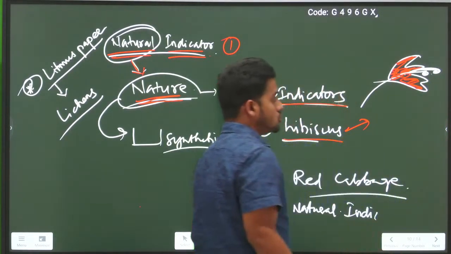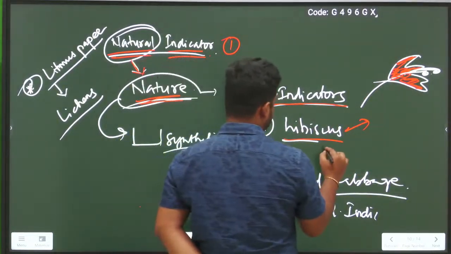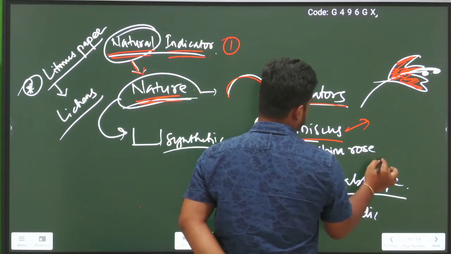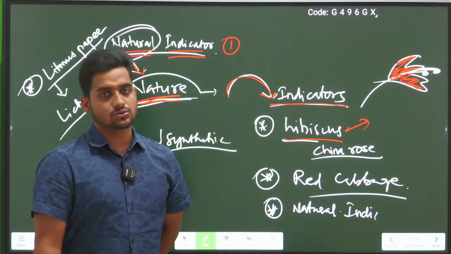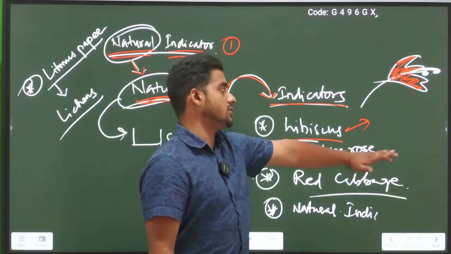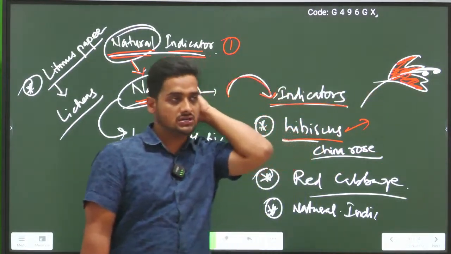Hibiscus is also called China rose, and this indicates whether something is an acid, base, or salt.